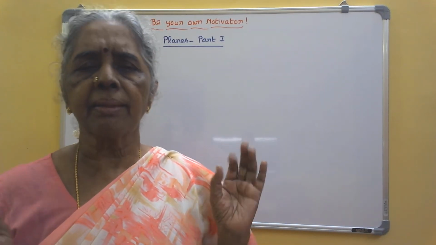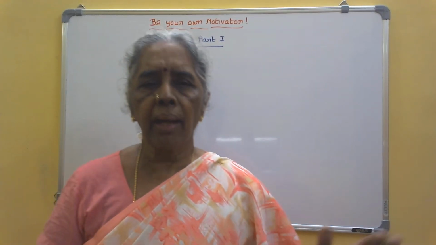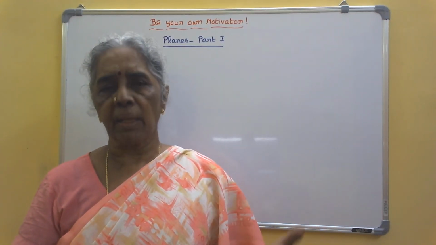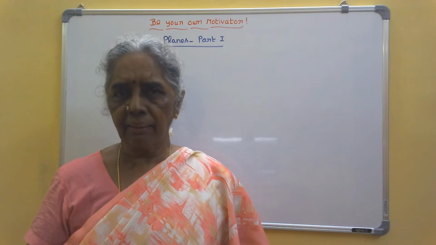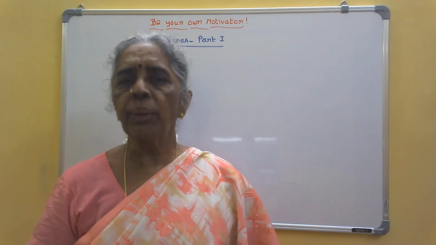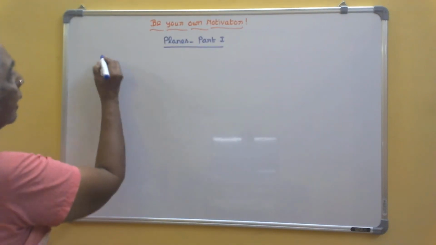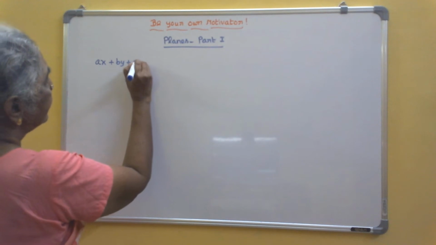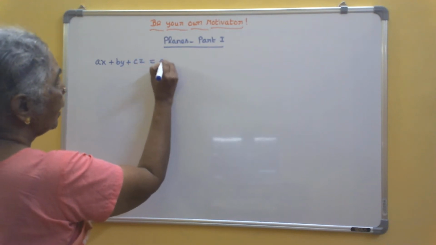Now, what is the general equation that represents a plane? You know, a straight line is represented by a linear equation ax plus by plus c is equal to 0. Now when you come to a plane, ax plus by plus cz, the d can be on either side.